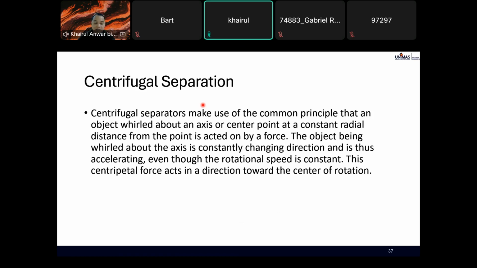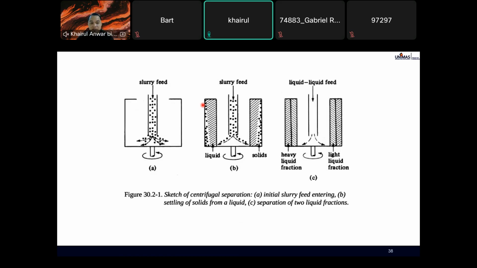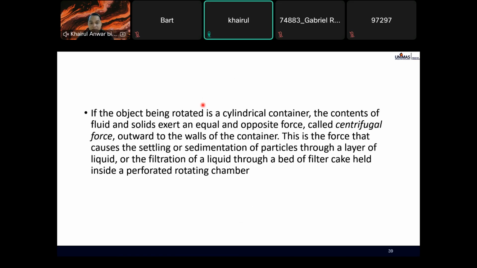The centripetal force acts in a direction toward the center of rotation. So you have centrifugal force and centripetal force. Centrifugal force is outward, centripetal force is inward.